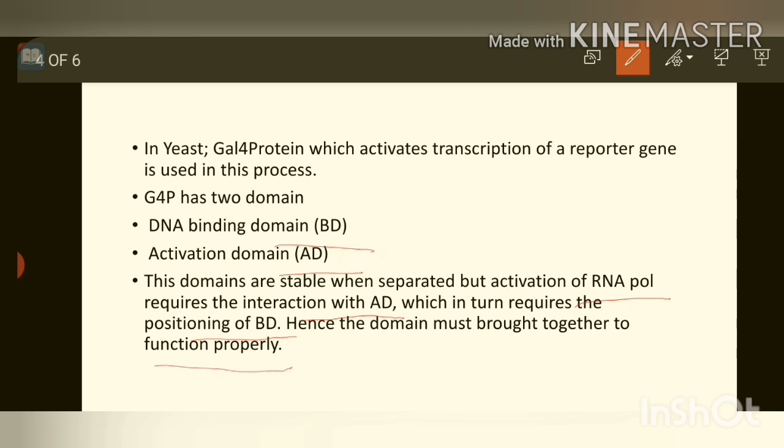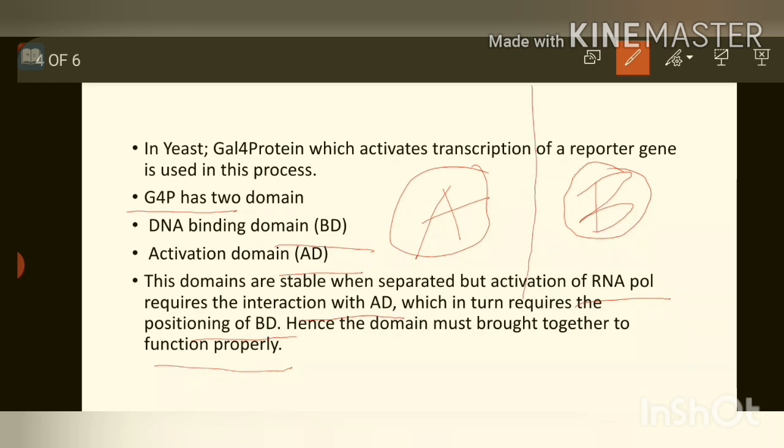So what happens is that the GAL4 protein has 2 domains, the activation domain and the DNA binding domain. They are perfectly stable when they are separated, but for the activation of the RNA polymerase, the interaction between the activation domain and RNA polymerase is required.